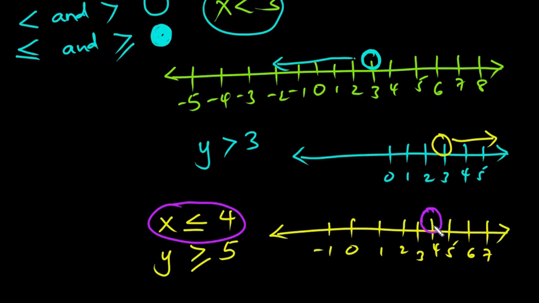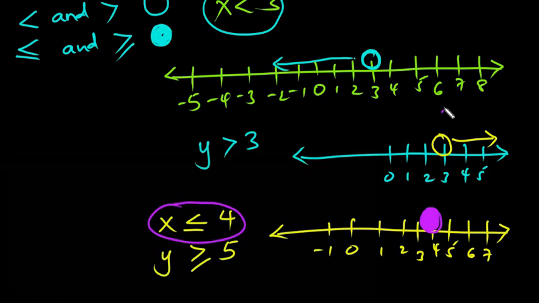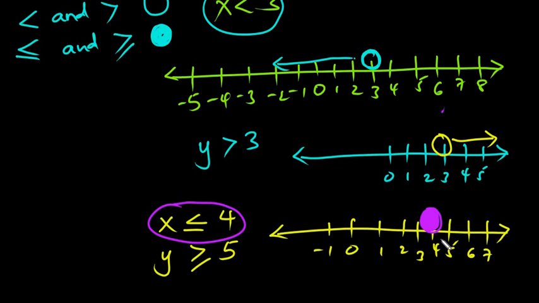So our circle is going to be shaded, or closed, because 4 is part of the inequality. And then we draw an arrow towards the left, to represent all numbers which are to the left of 4, which are less than 4. So that's how we're going to represent it.